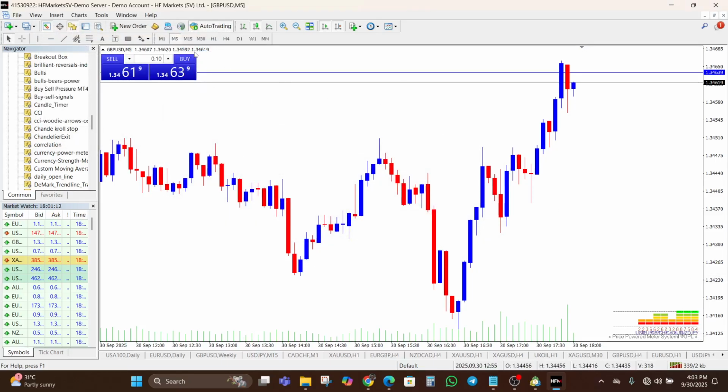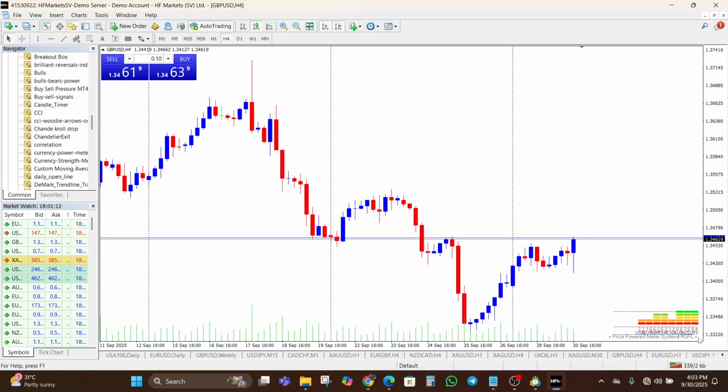So if you notice that JPY is strong, for example, and maybe USD is weak, what does that mean? USD JPY would likely sell, right? So once you get an idea from here, you look for a currency pair to trade that fits into that strength and weakness idea that you got from here.